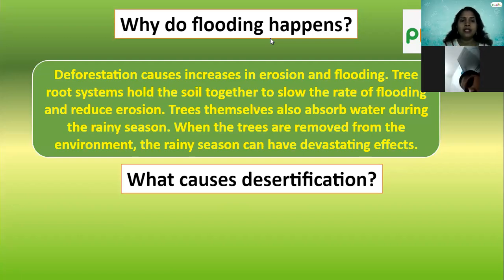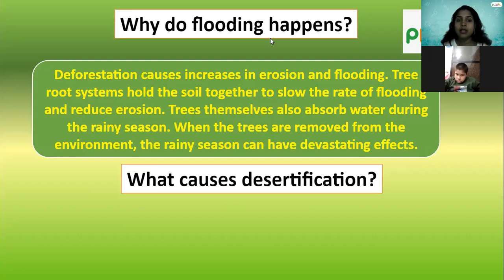Deforestation, the reasons. What are the reasons? See, what are the reasons for deforestation? Urban development, cultivation, grazing, timber, fibers, combustion. So these are all the reasons for deforestation. Why are we cutting down the trees? And what are the effects? What happens to the environment because of it?